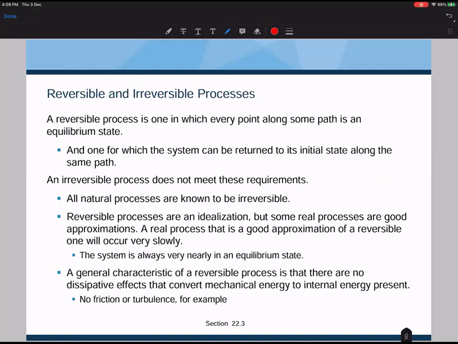So reversible means that the process can freely go from one direction to the other, or the other way around, without any obstructions.